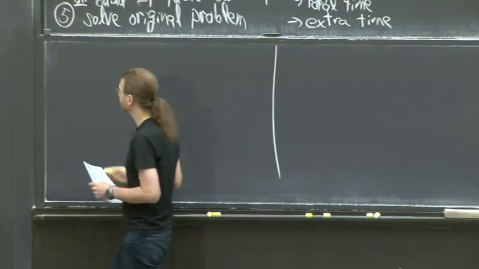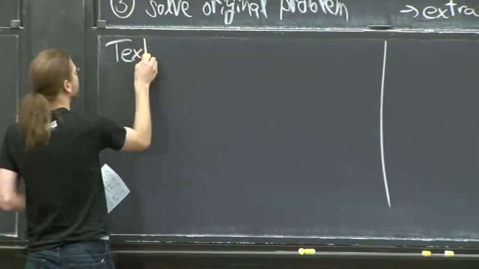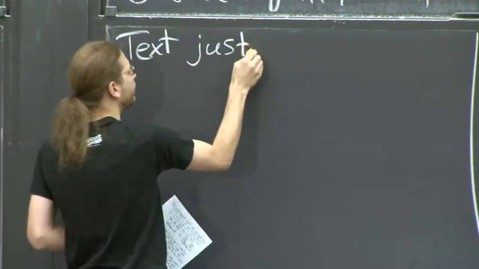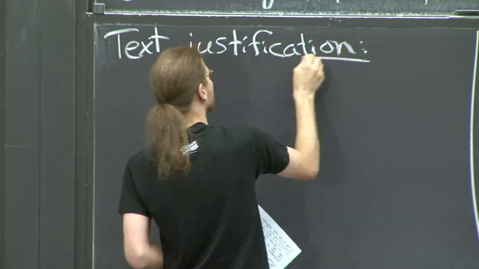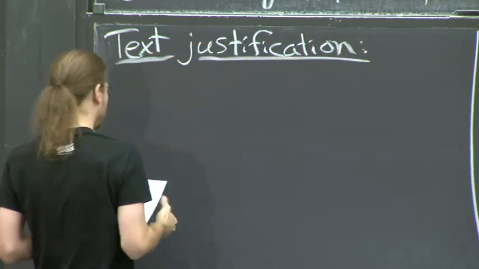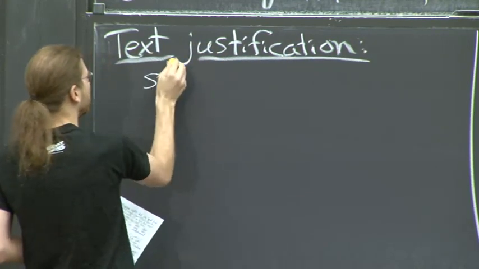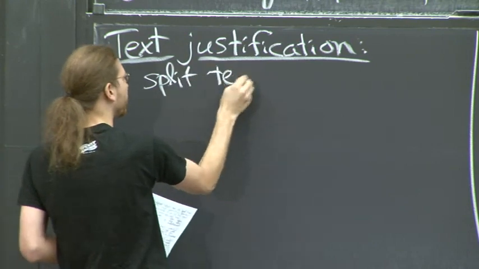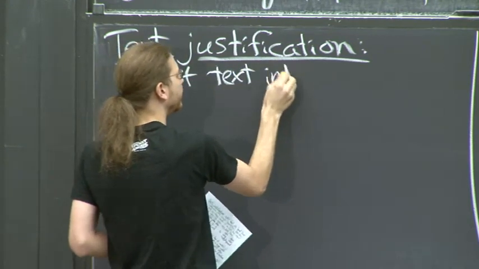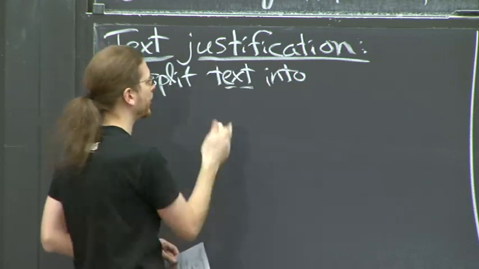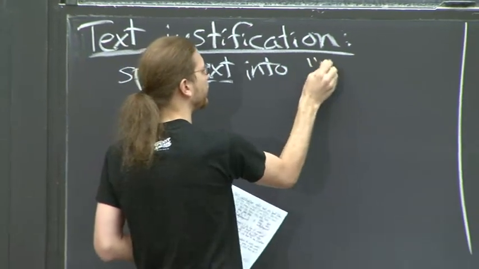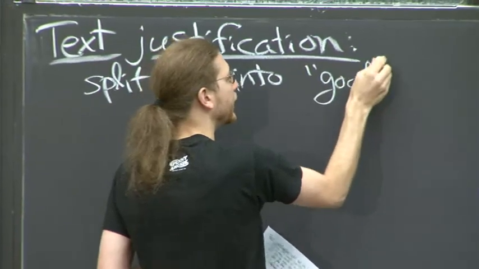So the first problem we're going to look at today is text justification. The informal statement of this problem is you're given some text, which means a string, a whole bunch of characters, and we want to split them into good lines.